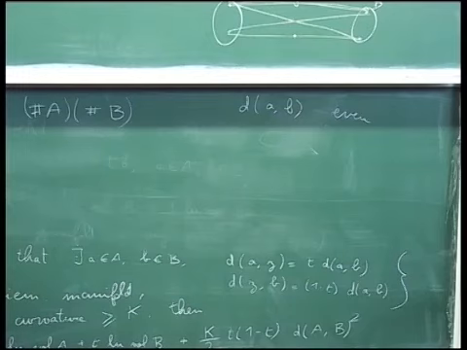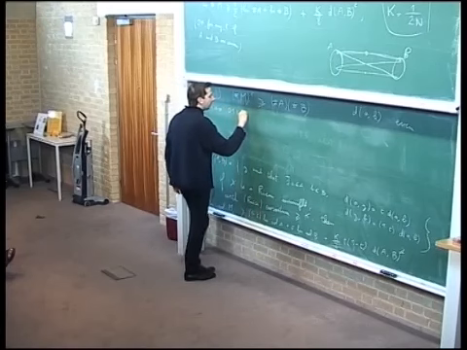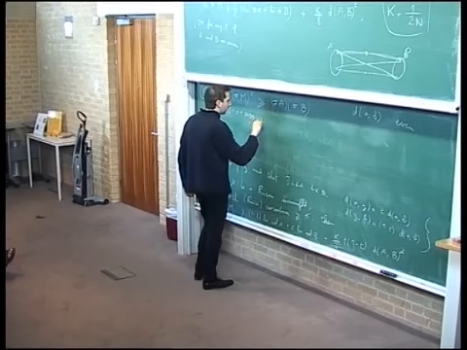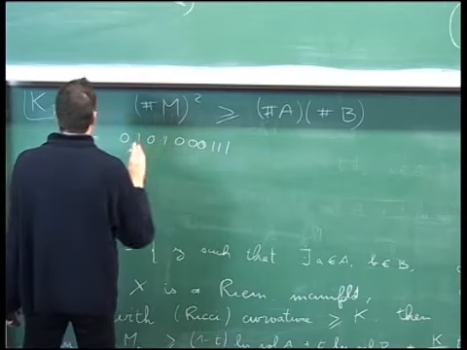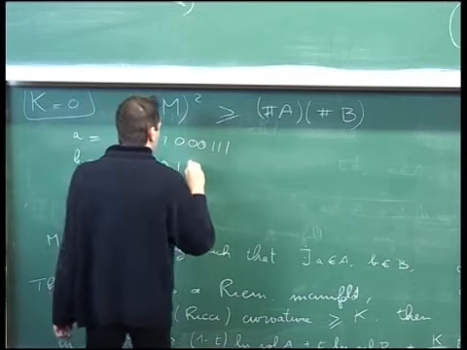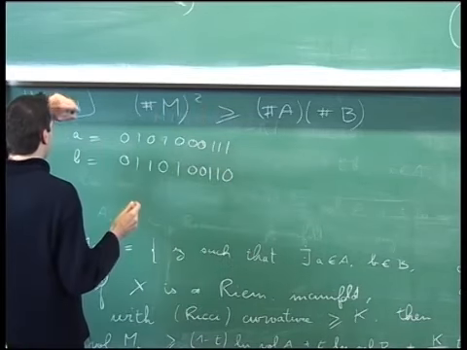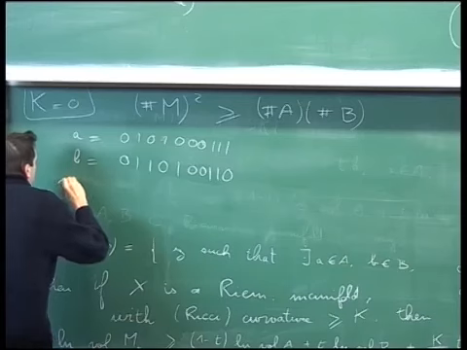So you have, for instance, A equals 0 1 0 1 0 0 0 1 1 1, and B equals, say, 0 1 1 0 1 0 0 1 1 0. And now, how do you build the midpoints?